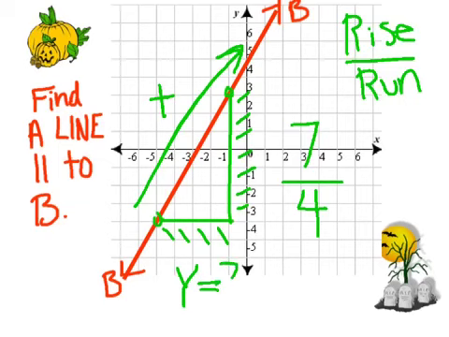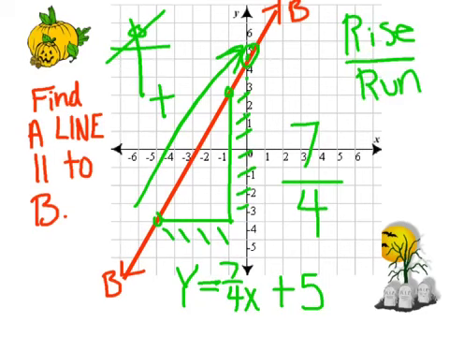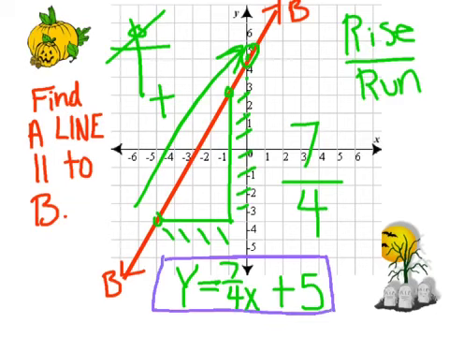So we have y is equal to 7/4 x. What's our y-intercept? It'll be this point right here. So that's 1, 2, 3, 4, 5. The question is asking, we need to find a line that's parallel to this line. Now that we know the equation, how are we going to find a line that's parallel to this equation?